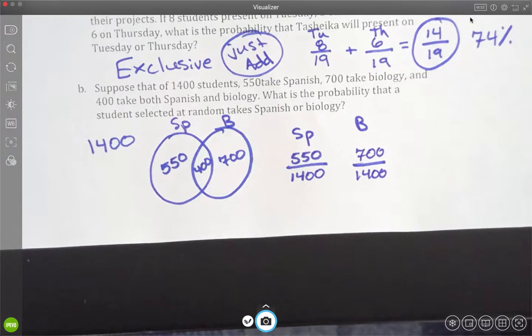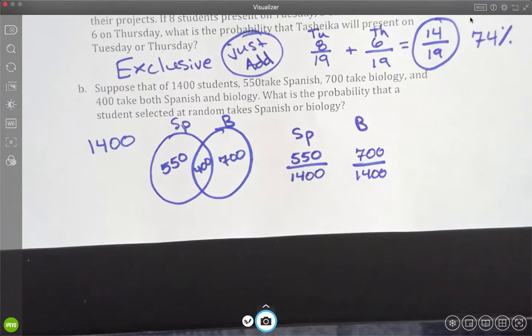Now, hold on, before we do all this computational stuff, 550 plus 700, that doesn't add up to 1,400. Where are the rest of my students? Not taking either, right? There's an option to not take either Spanish or biology. So 550 plus 700 is 1,250. The other 150 students aren't taking either one of those options, right?